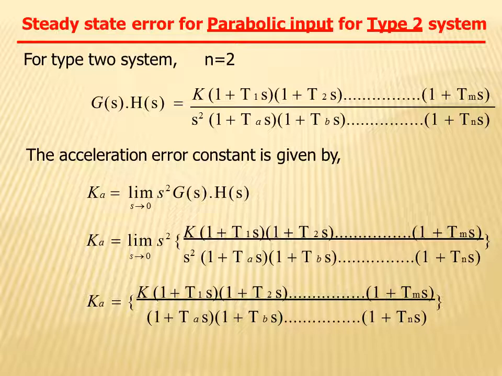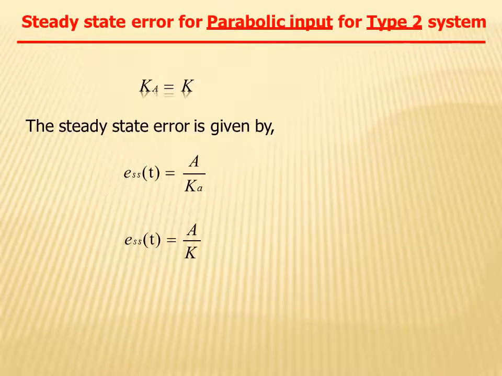Now put the value of G(s)H(s) in the equation, then take the limit. Before taking the limit, s square and s square will get cancelled. Ka is equal to K here and the equation of steady state error is ESS(t) = A upon Ka.